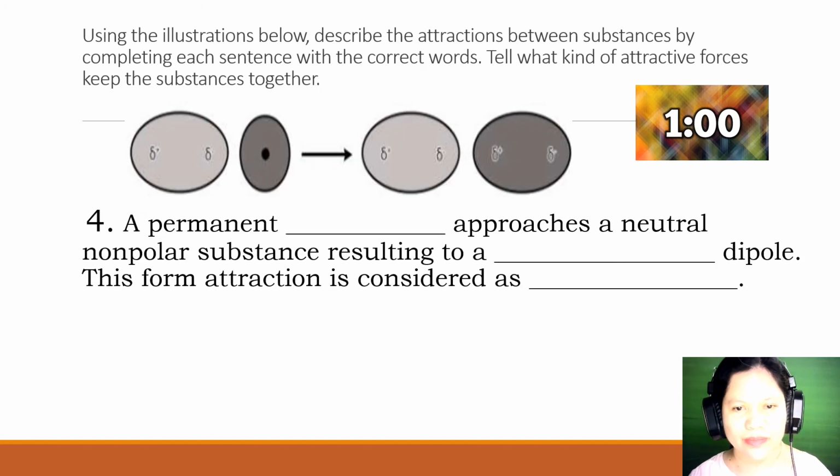Okay, number 4. A permanent blank approaches a neutral nonpolar substance, resulting in a blank dipole. This form of attraction is considered as blank.